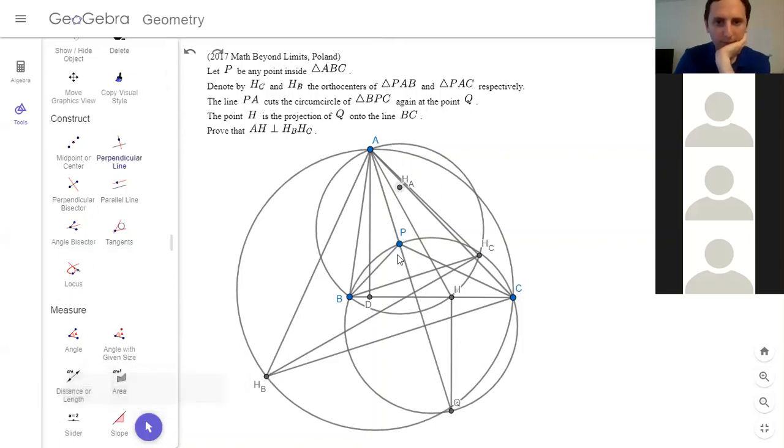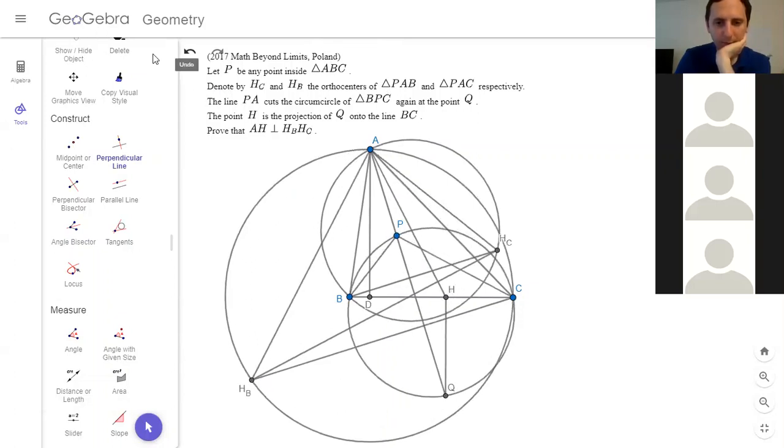I'm going to erase this in just a second. I'm just playing around with stuff for now. Yeah, I don't remember what that connection is.